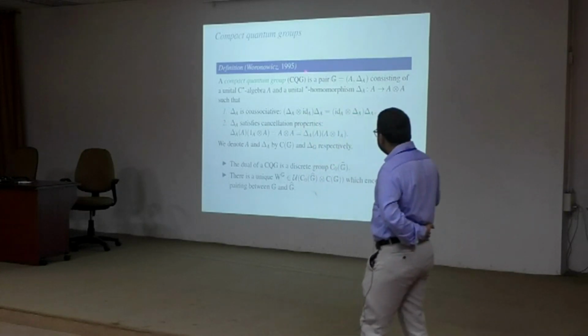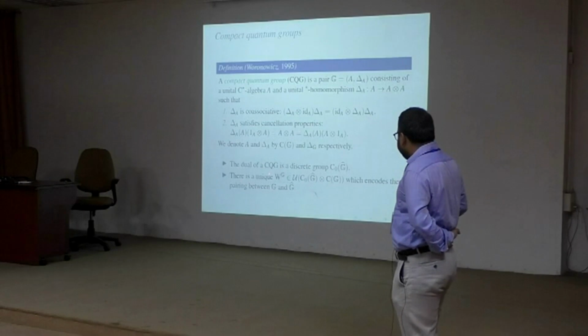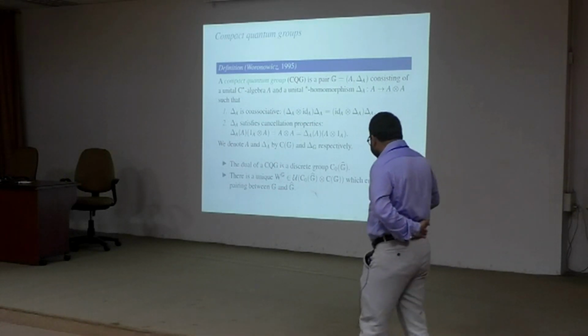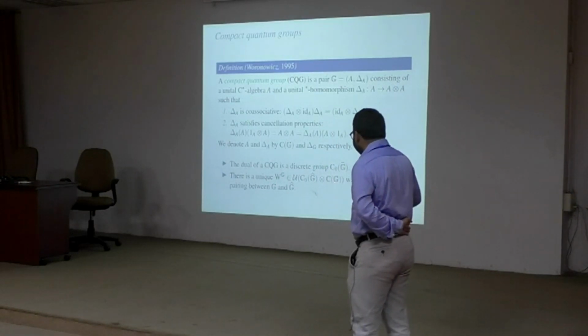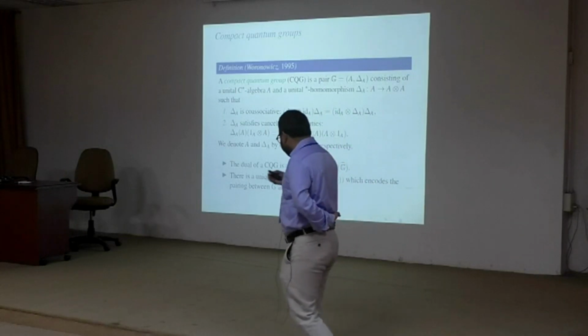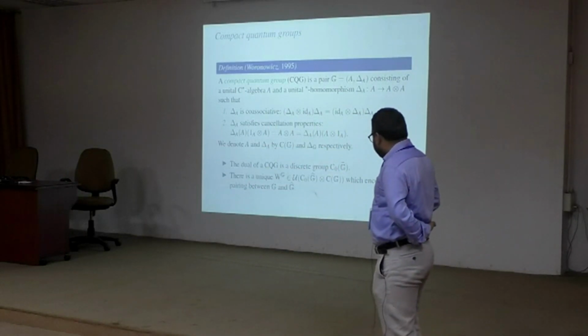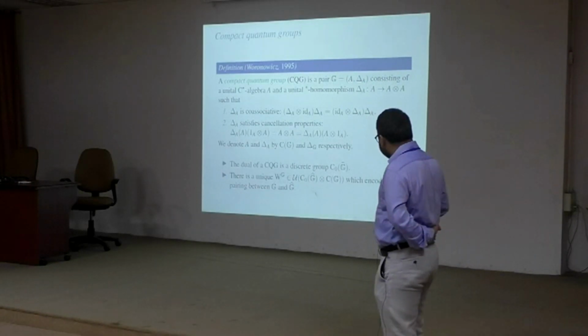If we have a compact quantum group, the dual is a discrete quantum group. And not only that, this duality is given by a unique unitary of the multiplier algebra, and this encodes the dual pairing between G and G hat. This is called the reduced bicharacter for a compact quantum group.